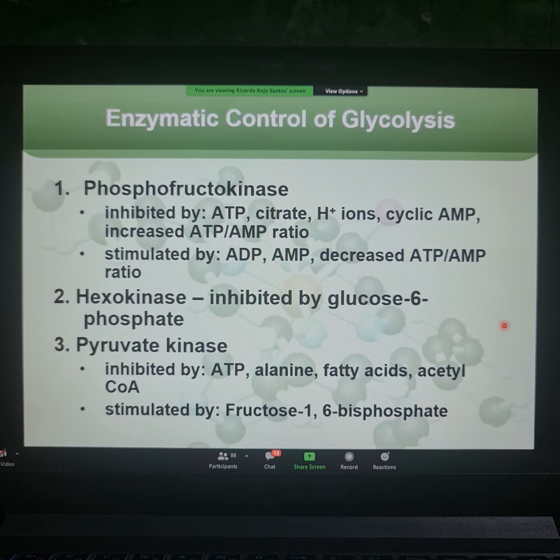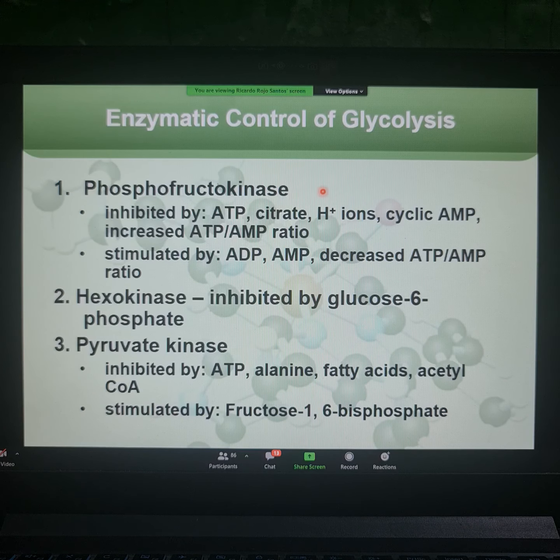You inhibit the pyruvate dehydrogenase reaction. You inhibit the Krebs cycle. Now, what is daunting to the students is, how will I know that the cell is already fully charged with energy? Well, look at this one.